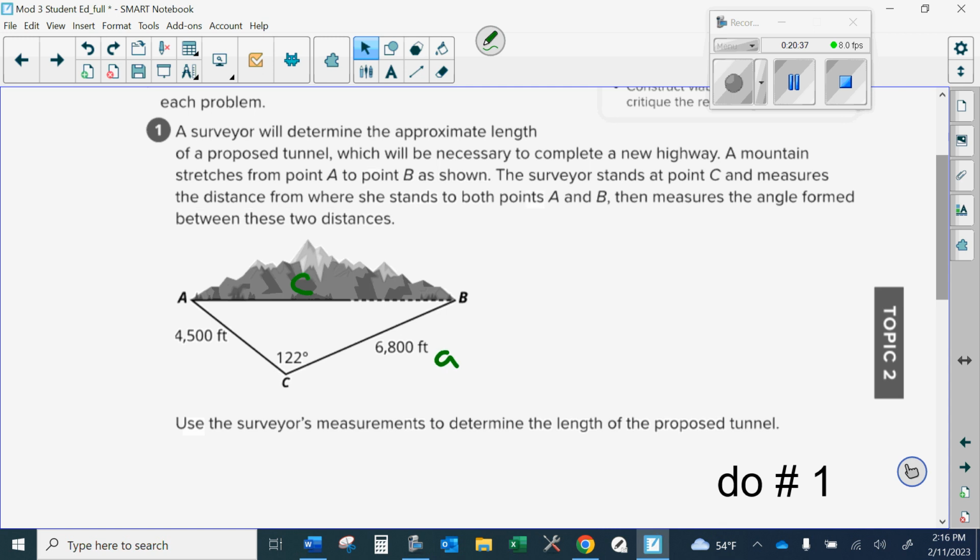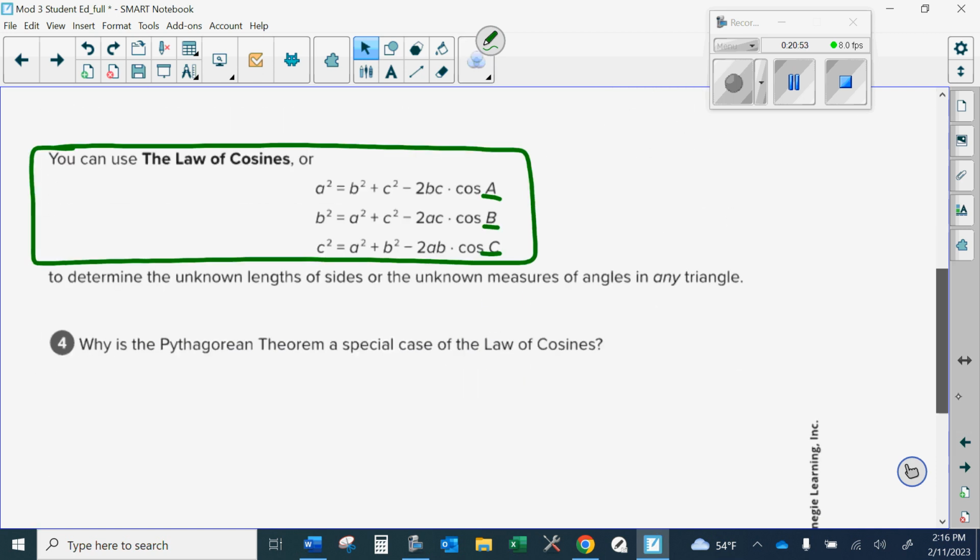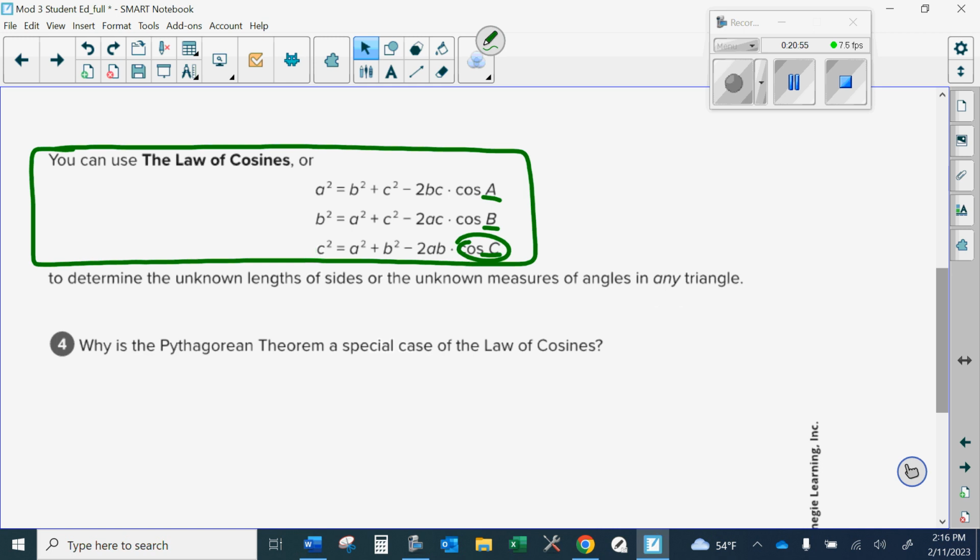Remember, that's little a across from big A. And this is little b across from big B. And I have the angle of C. So when I come back here, I'm going to be using the cosine of C down here. And then I have the little a and little b. So I can solve for side c there. Okay, so that's the one I'm going to be using since I have the angle C given to me.